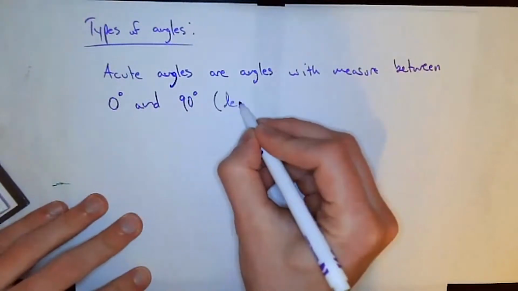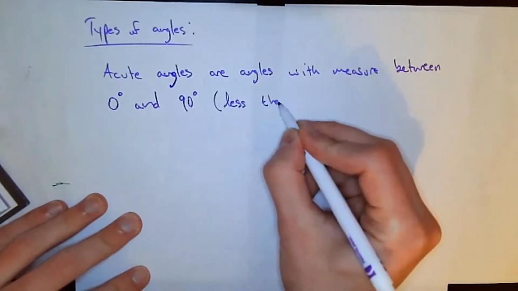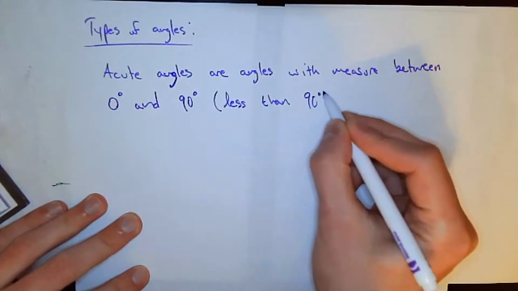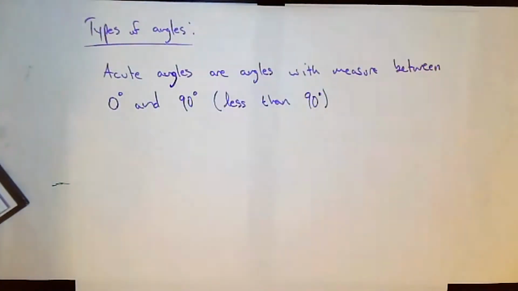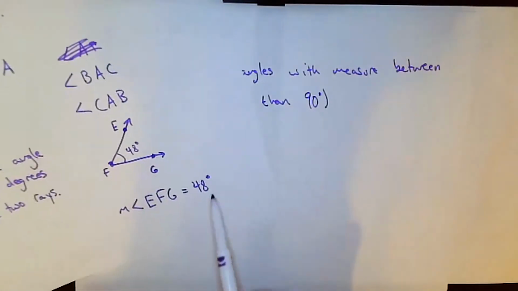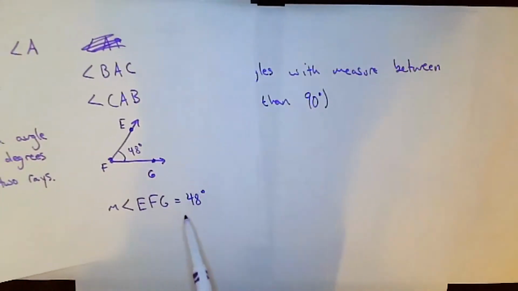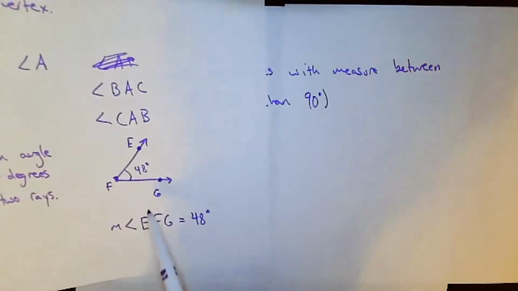Well, I should say less than 90, so it can't exactly be 90. So like the angle I just drew back here, angle EFG, since its measure is between 0 and 90, this is an acute angle.